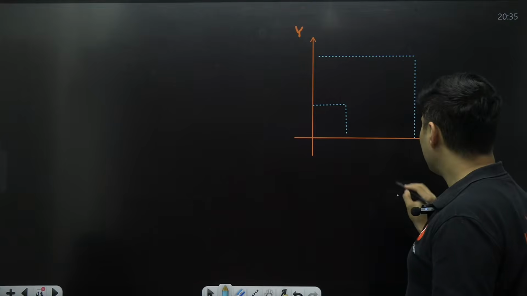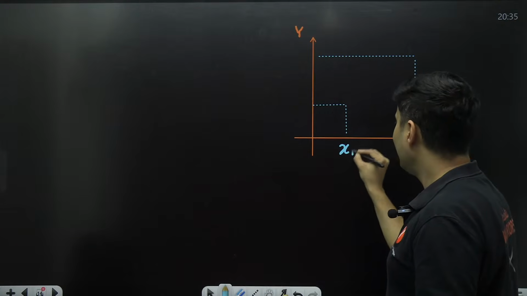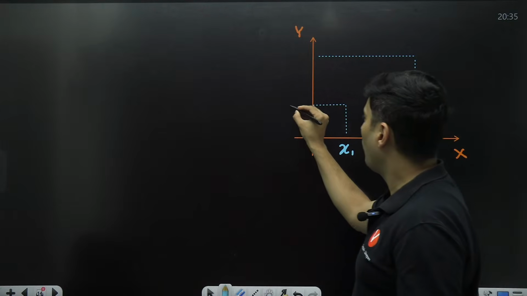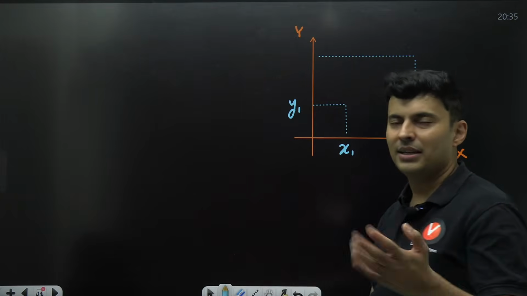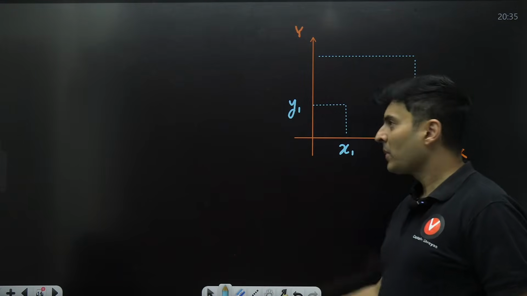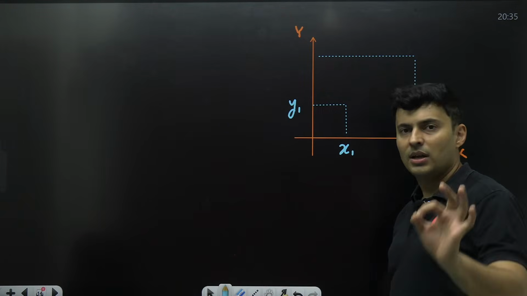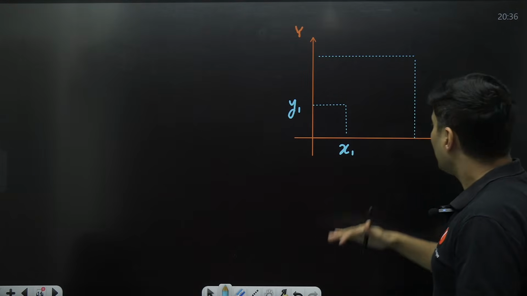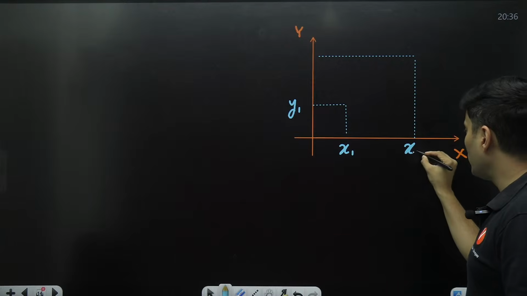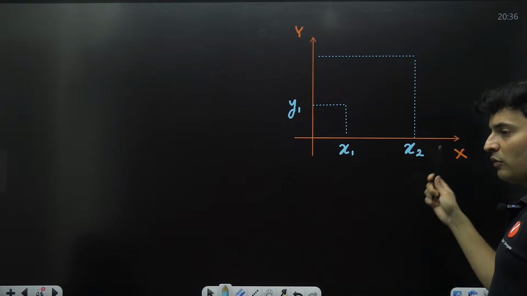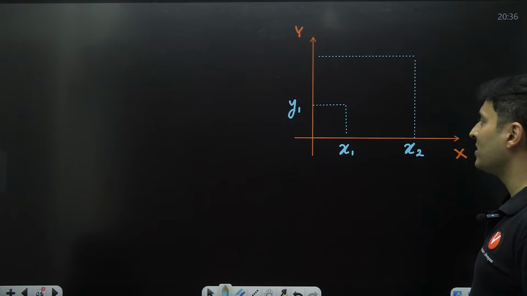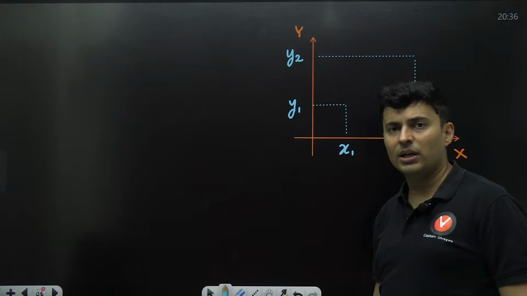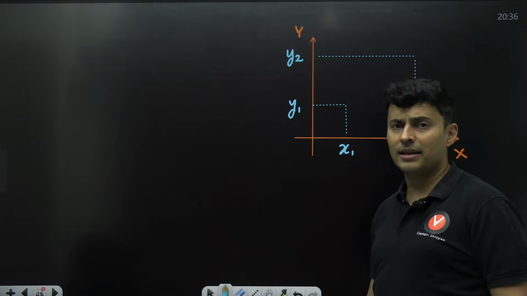So let's say x1 degree Celsius is the freezing point, and y1 in some y scale is the freezing point of water in a particular scale. Imagine x2 is the temperature for the water to boil in the x scale and y2 is the temperature for that same water to boil in some y scale.